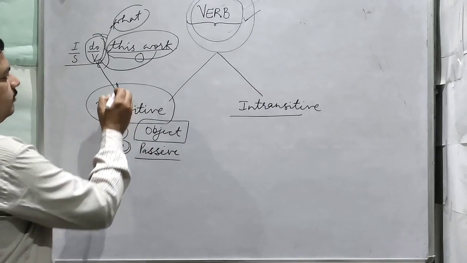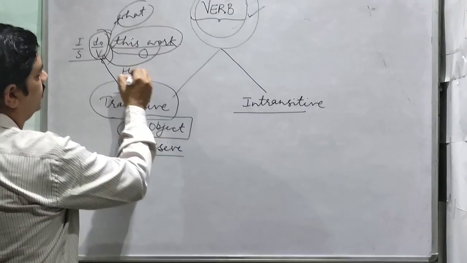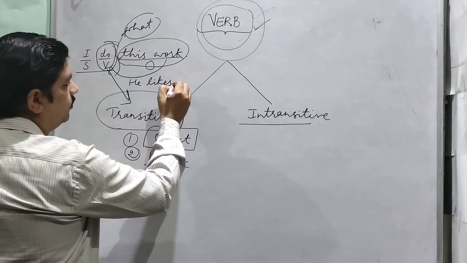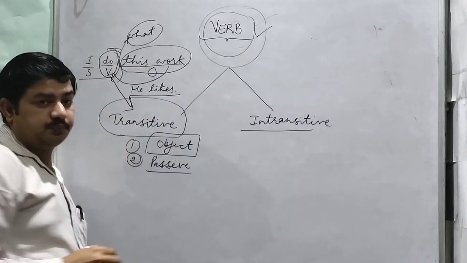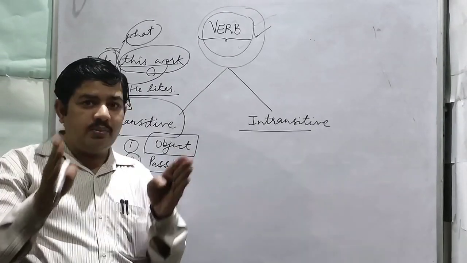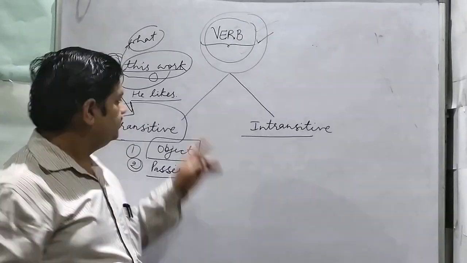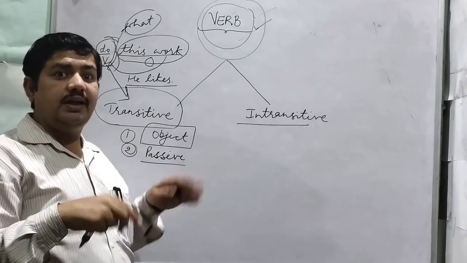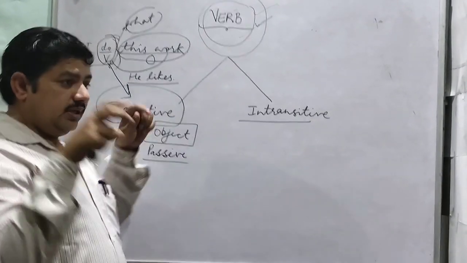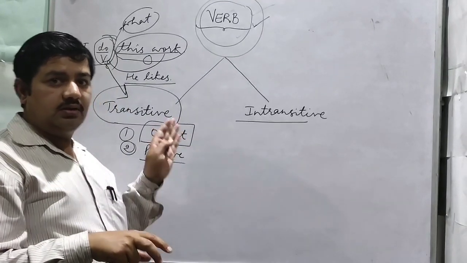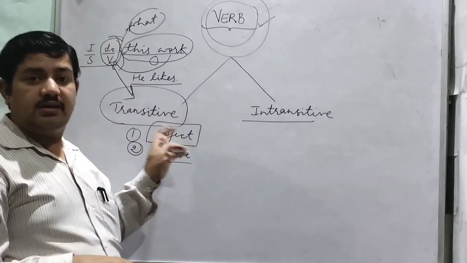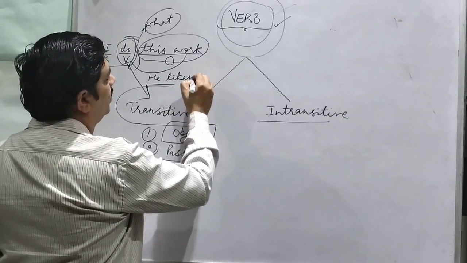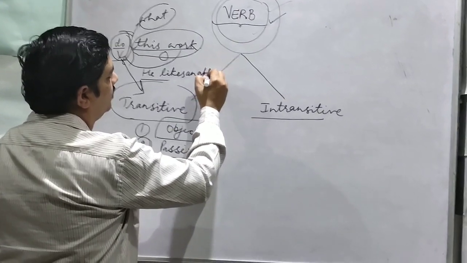You can take one more example, like he likes. Suppose I put a full stop here: he likes. In our mind the question is, what does he like? When we get the answer to what, that means it is a transitive verb, like he likes an apple.